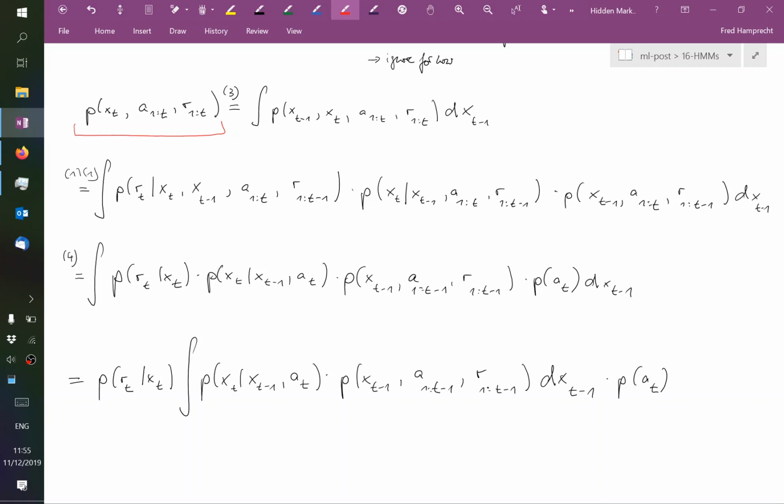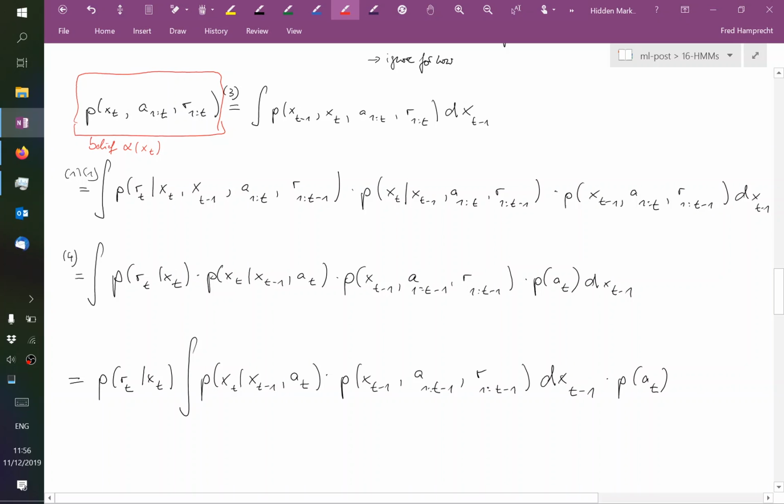All right, and in this state space model literature, this term here that we are trying to solve for is called the belief. It's the belief of where we are, alpha of xt for short.